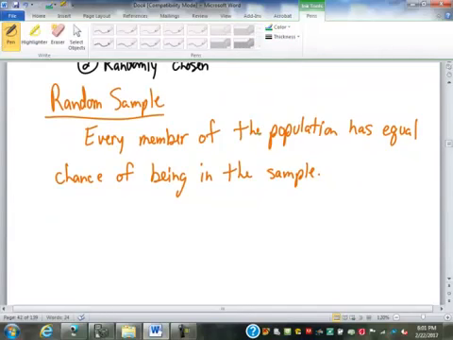So now we're going to look at some processes for randomly choosing. The best type of sample is something called a simple random sample.